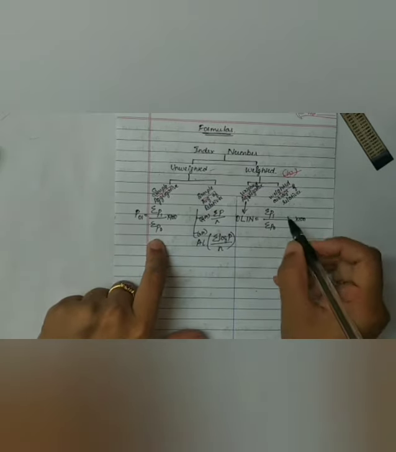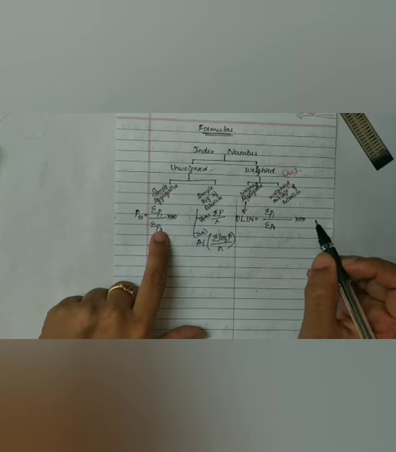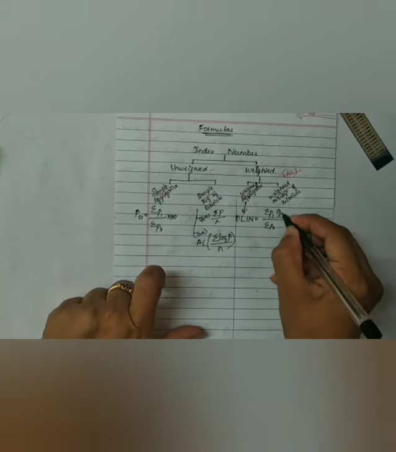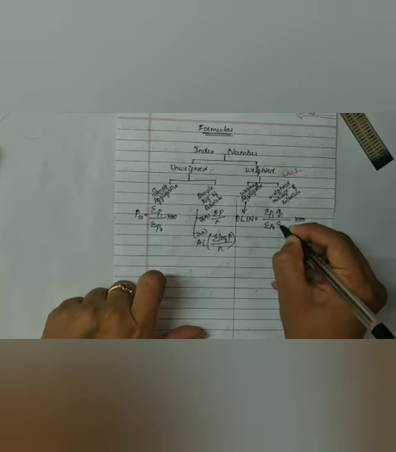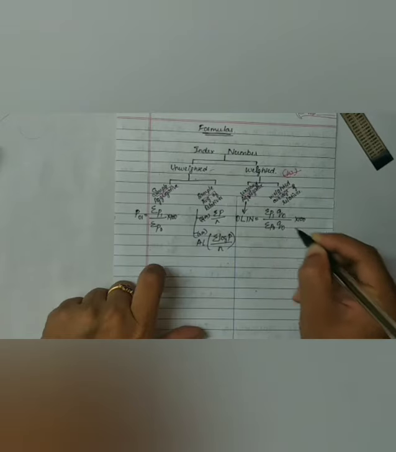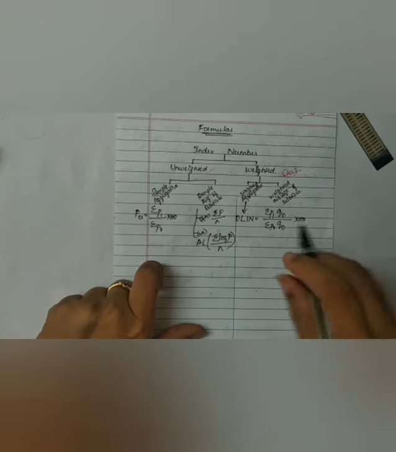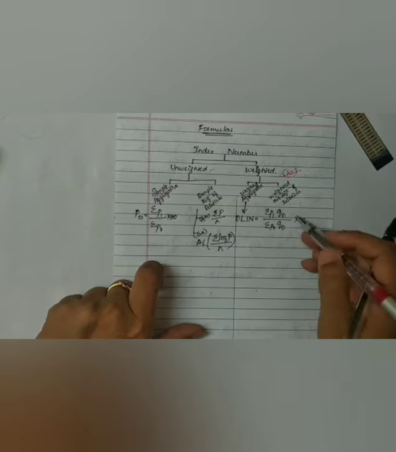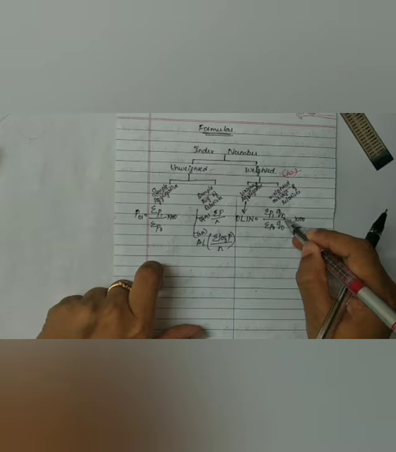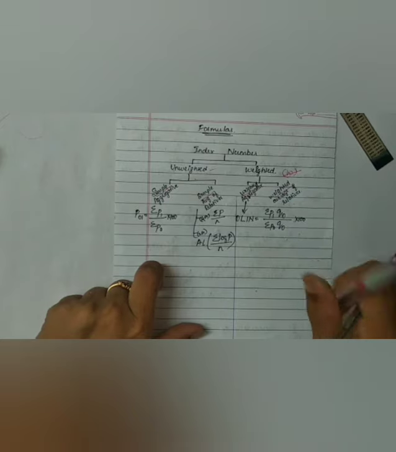This is our simple aggregative formula, isn't it? For this, weights are Q here, quantity. Okay, so this is the Laspeyres index number formula. Here base year quantities are taken as weights.